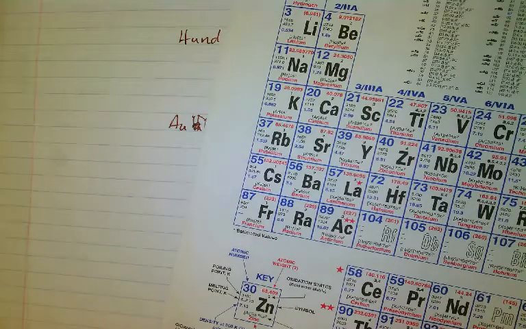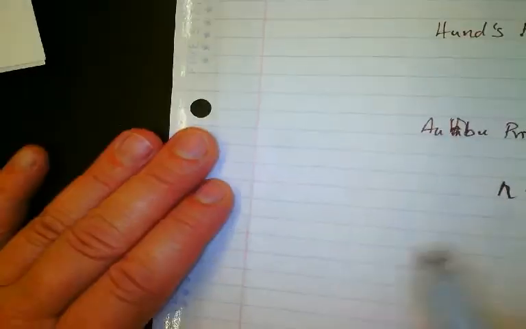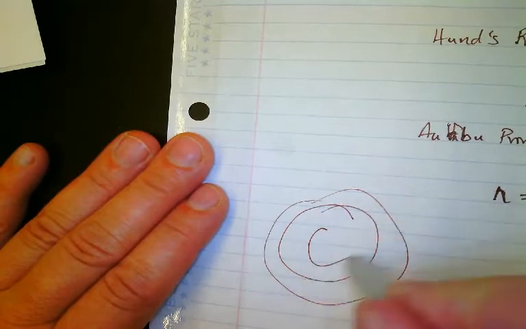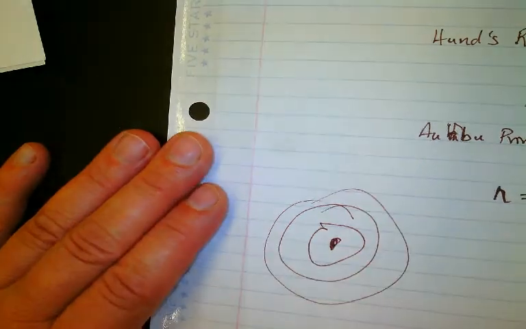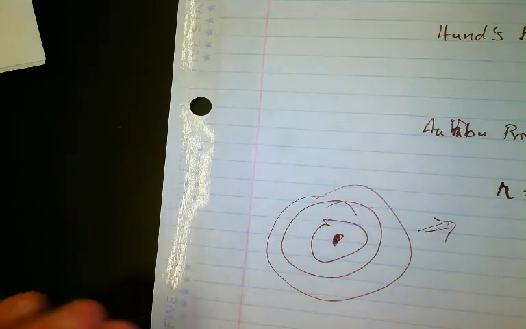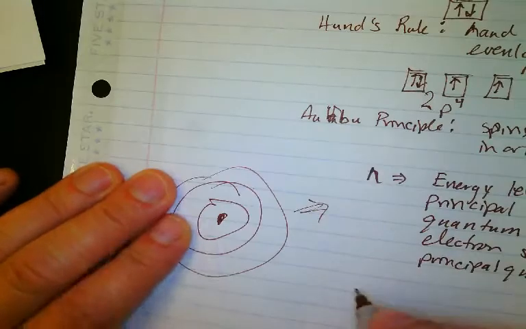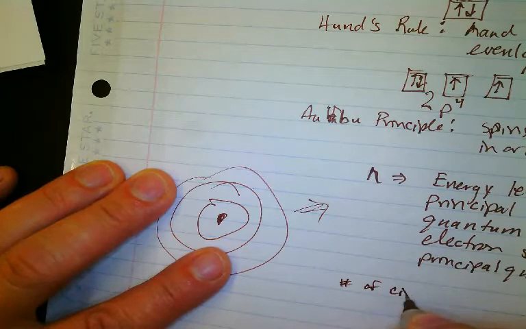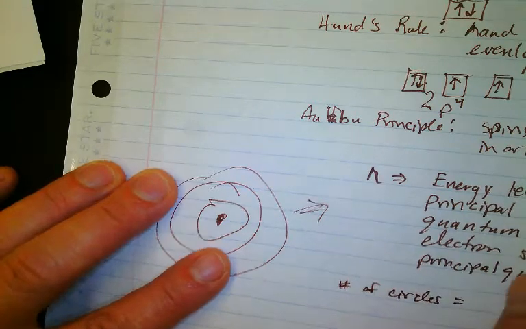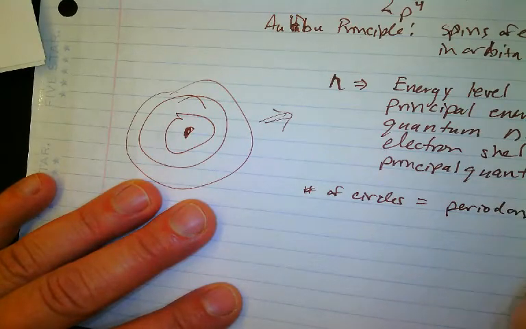Now, if you take AP Bio, Mr. Robson has you draw circles. Let's say, here's the nucleus. He's drawing the circles. The circles are the energy levels. The number of circles that something has is the period that it is in. So the number of circles is equivalent to the period on the periodic table.